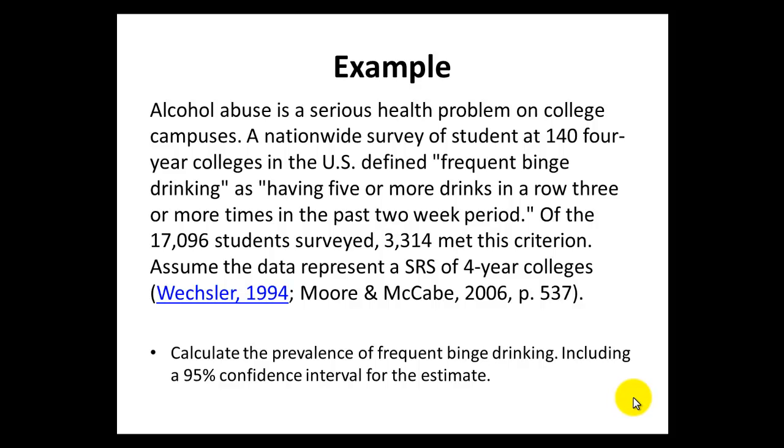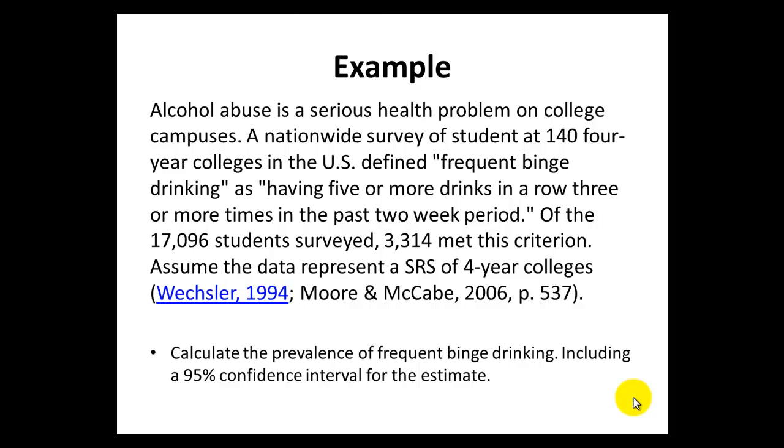Let's work an example. Alcohol abuse is a serious health problem on college campuses. A nationwide survey of students at 140 four-year colleges in the U.S. defined frequent binge drinking as having 5 or more drinks in a row, 3 or more times in the past 2-week period.